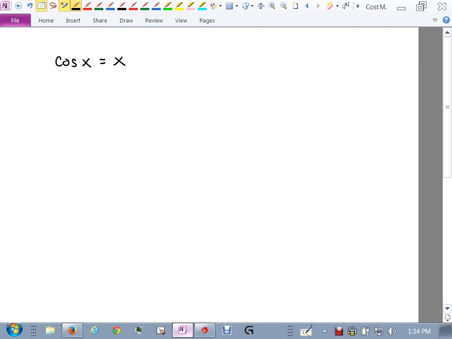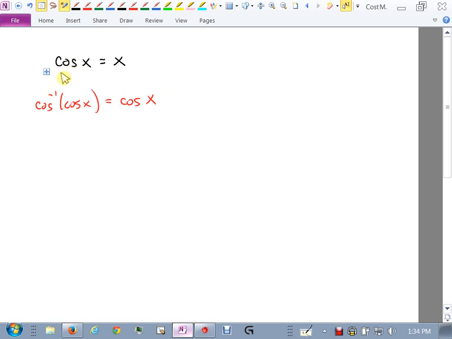There is no way to solve this by hand, all right? I don't care what type of math person you are, how good you are at math. I can't solve that by hand either. It just cannot be done. There's no algebraic move I can make to solve for x. Some people might say, all right, we'll just come in with arc cosine on both sides. You learned about these inverse trig functions.